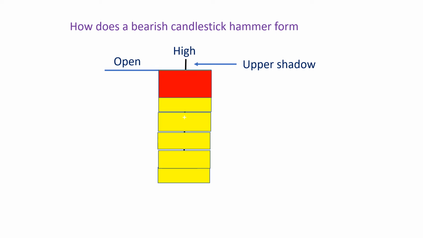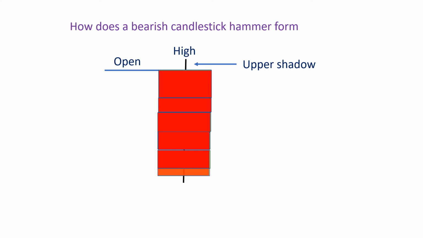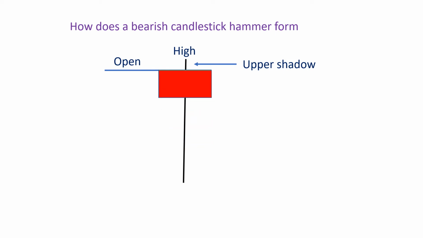The sellers continue pushing the price lower and lower all the way to the end, but since the bullish power is so much in the market, the buyers reject the lower price and start pushing the price higher and higher all the way up here.